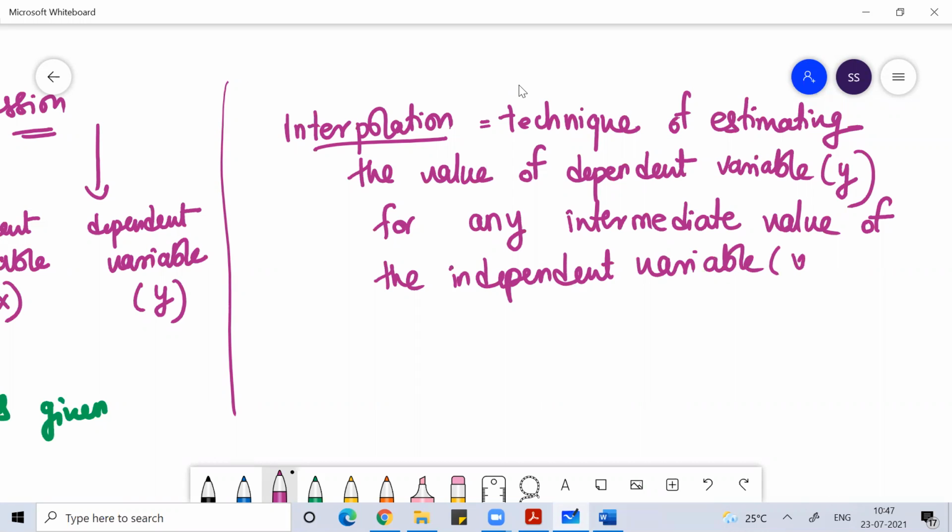So normally in mathematics we represent the independent variable with x and the dependent variable with y.